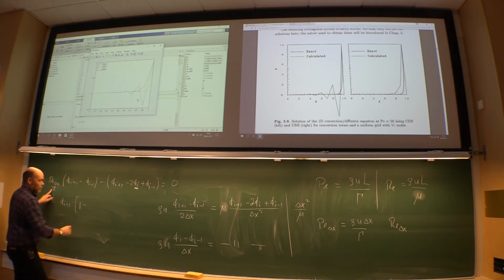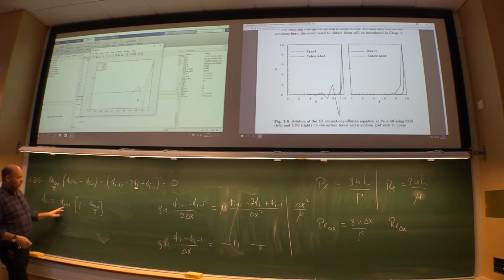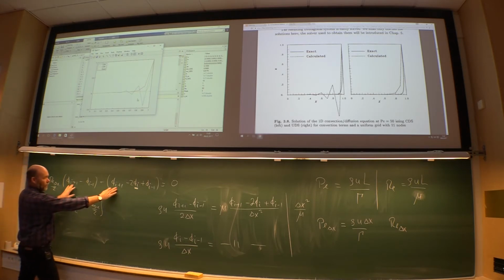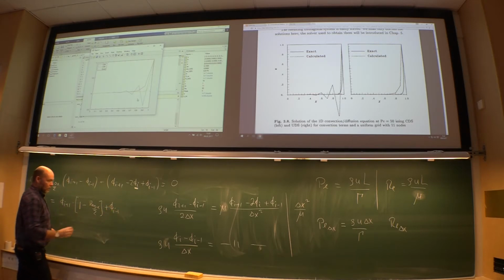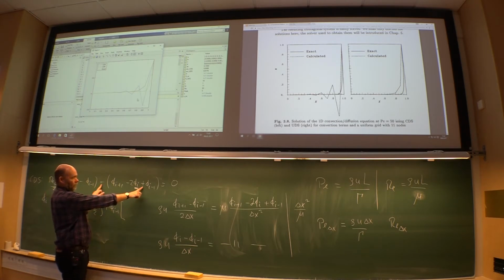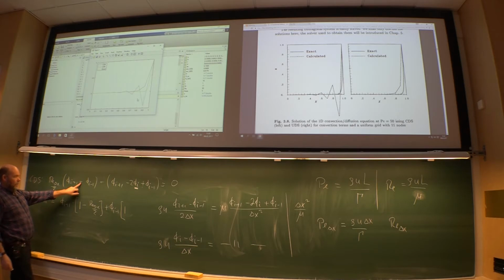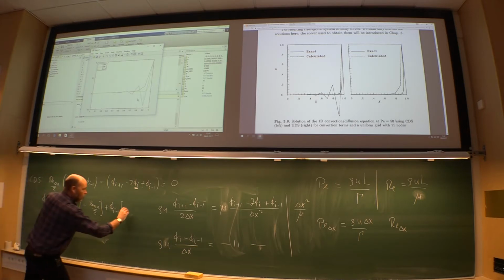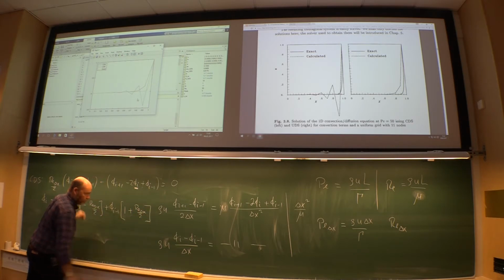So I will have 1 minus cell Reynolds number 1/2. That was I plus 1, these two. Then you do the same with phi I minus 1. It will have 1 here on the other side, it will be positive. But then minus minus will now be plus cell Reynolds number 1/2. Right?